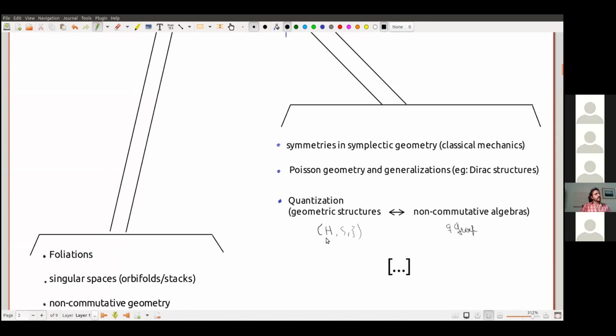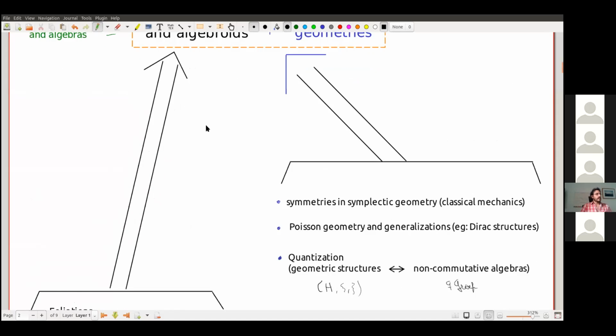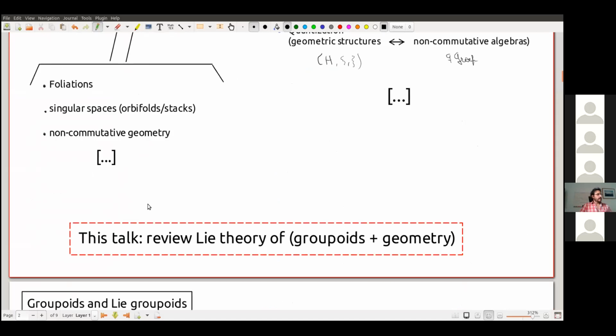But I will be focusing more on this side of the story, although the definitions are the same. So this is in red here. You can see that what we are going to do is to review this Lie theory for groupoids, and also how the compatible geometry on these groupoids can be differentiated to the infinitesimal level or integrated to the finite level, just as Lie groups and Lie algebras can.